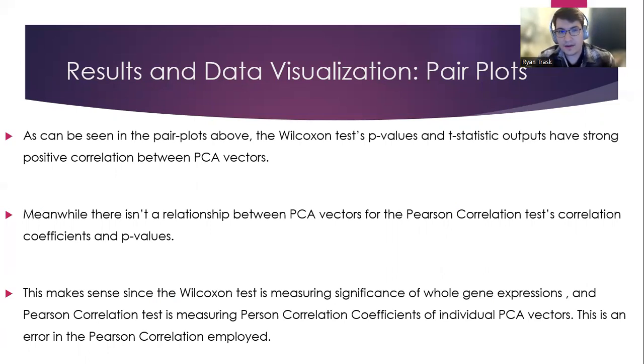The Wilcoxon test was measuring the gene expressions, which have 5 PCA vectors, so it doesn't matter which PCA vector you choose. The Pearson correlation test was comparing individual PCA vector values as well as the other 2 variables. So when the Wilcoxon test only had to deal with the gene expression and the patient variables, the Pearson correlation test had to deal with the patients, the gene expressions, and the PCA vectors as variables. So that's why I messed up.